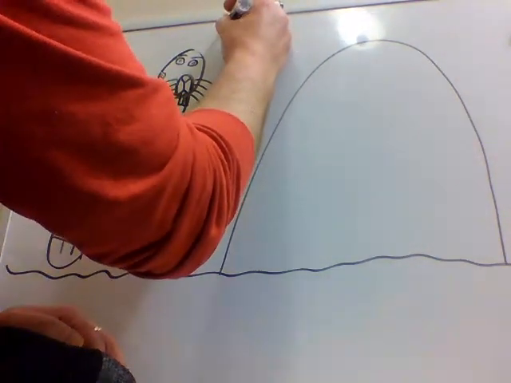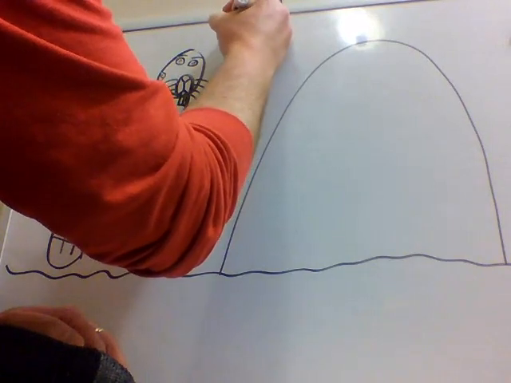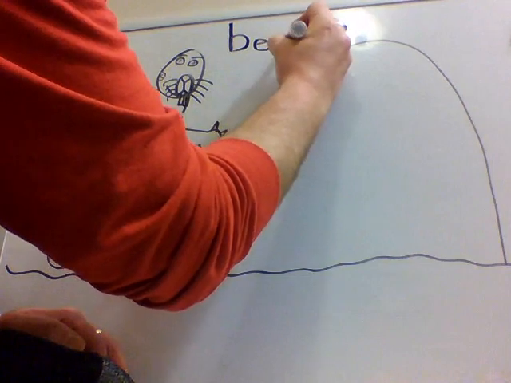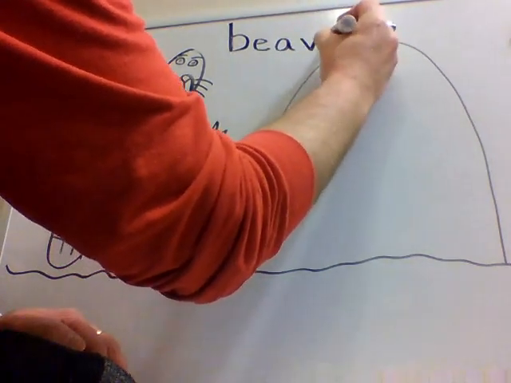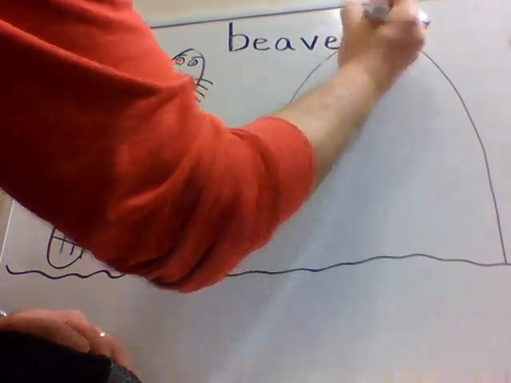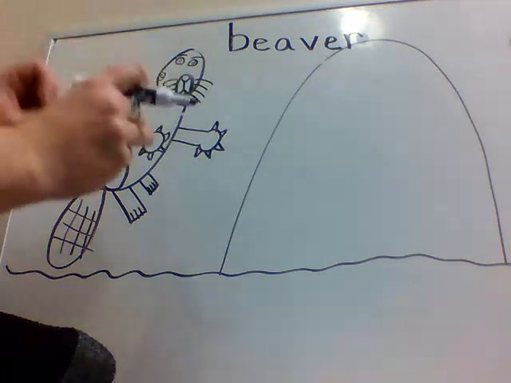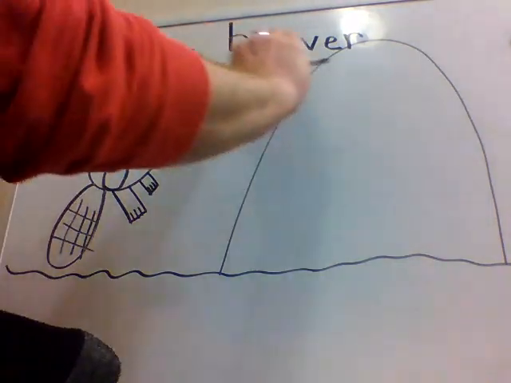Let's go ahead and make a record of our learning and let's write our keyword. Beaver. So please write that at the top. Okay. And we made a picture and did a project for a beaver.